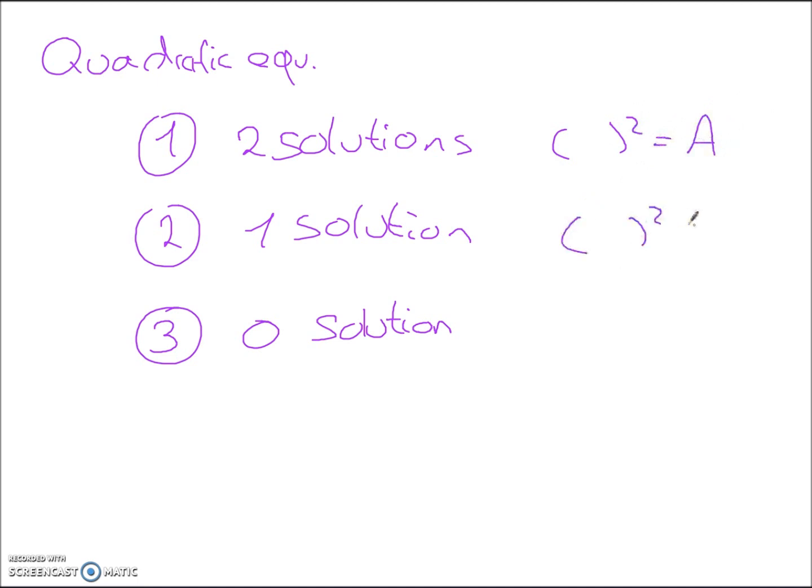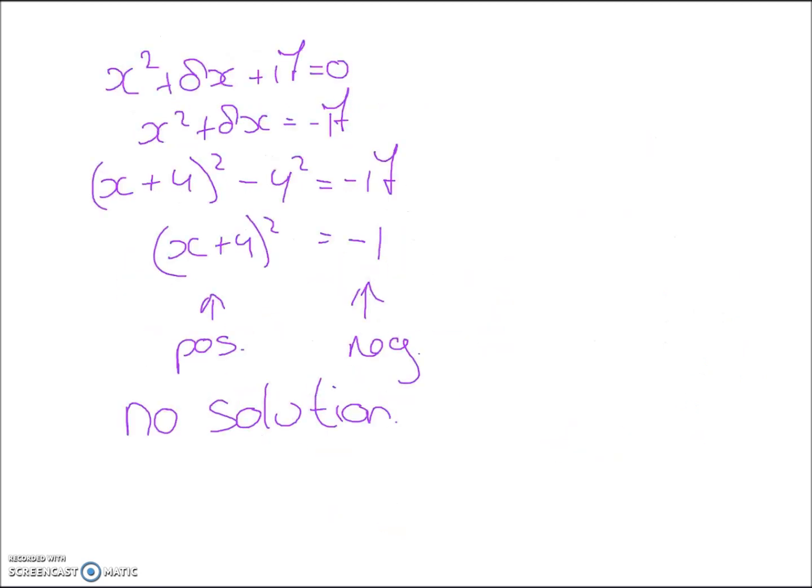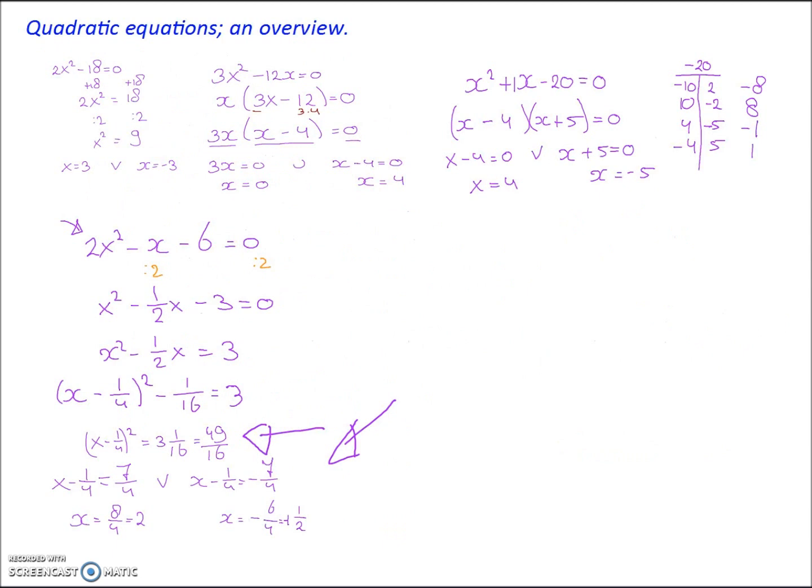Here you have something squared is equal to 0. And here you get something squared is a negative number. So this was an overview of some quadratic equations.